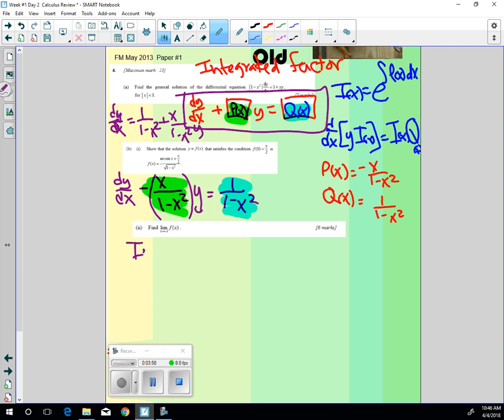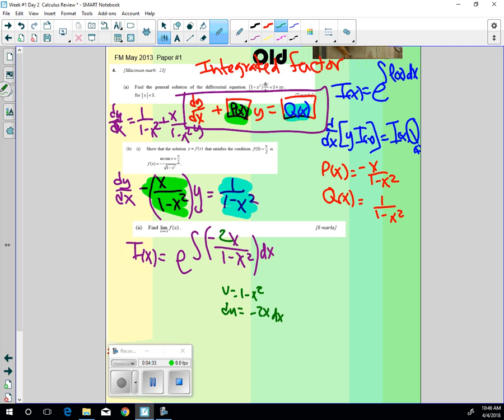So here we go. I of x is equal to e to the integral of negative x over 1 minus x squared dx. Now, why is that negative kind of good? What's the derivative of 1 minus x squared? Negative 2x dx.